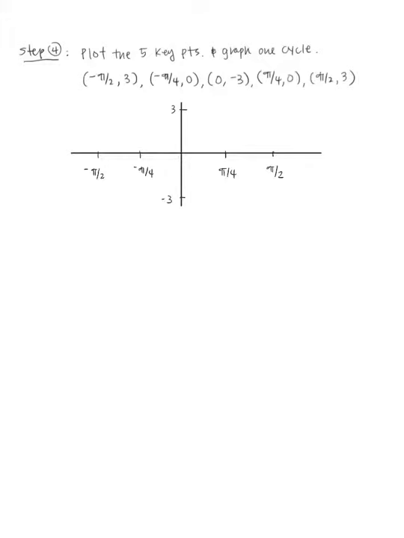When x equals negative pi over 2, it's 3, then at negative pi over 4 back to 0, then goes to negative 3, pi over 4, and then pi over 2 back at 3. So our graph is going to look something like that. Actually, that's not a bad graph.